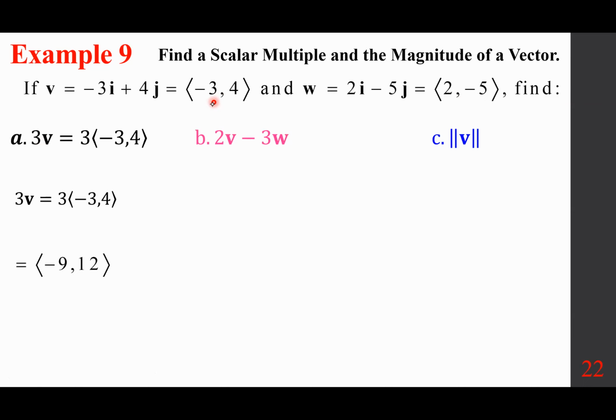Part B, 2 times v, 2 times this, minus 3 times w, 3 times this. So we distribute the 2, we get minus 6 and 8. Distribute the 3, we get minus 6 minus 15.